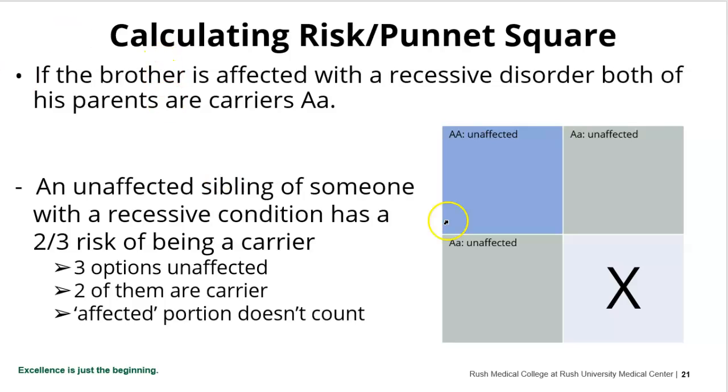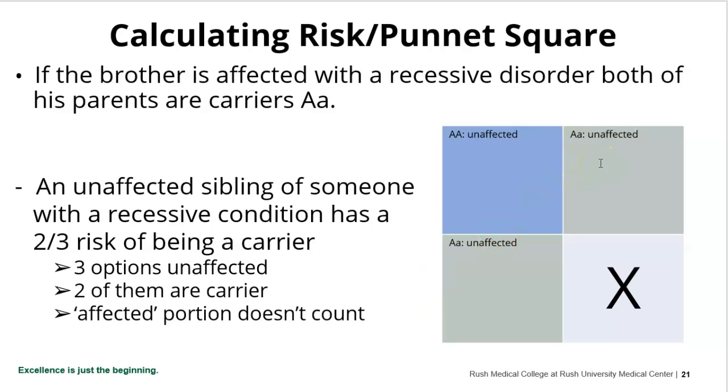So if mom and dad, let's make our Punnett square. The brother either got 2 good alleles, a good from mom, bad from dad, a good from dad, bad from mom, or both non-functional, but he didn't get this because he's not affected, so we can take this out. So there's only 3 possibilities left, and 2 of these 3 is that he's a carrier.